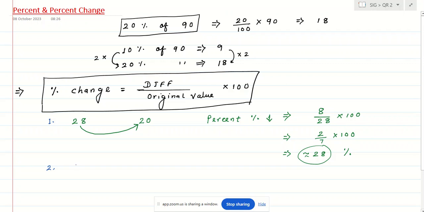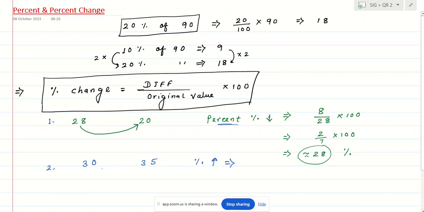Now let's say you have a number 30. Now you got a number, let's say 35. Now the question is, find the percentage increment. Increment from where to where?